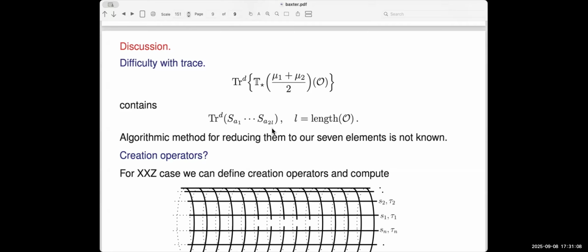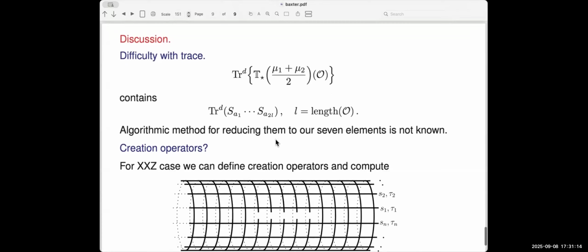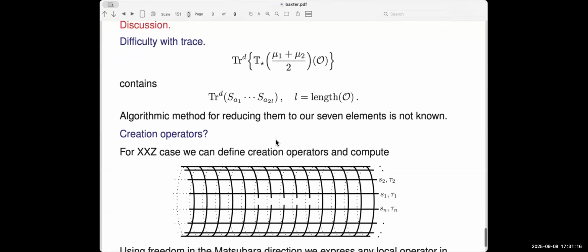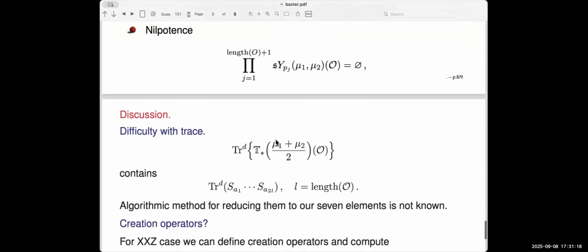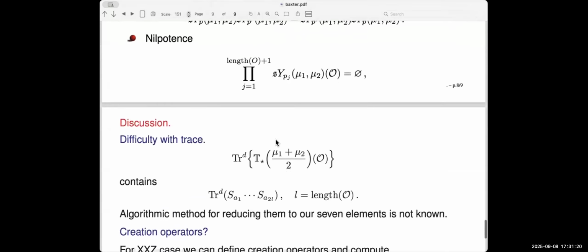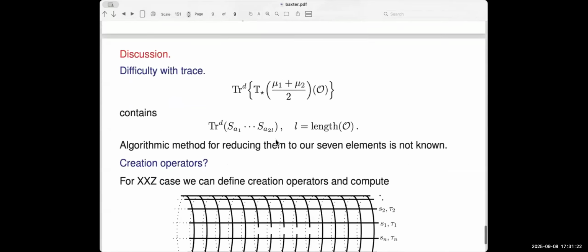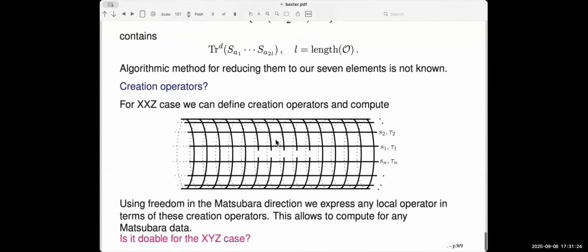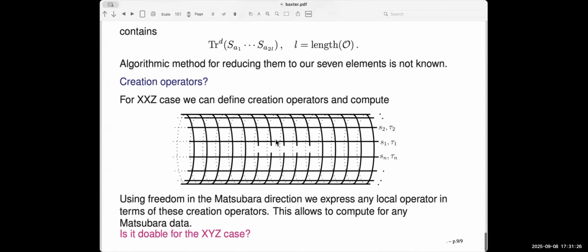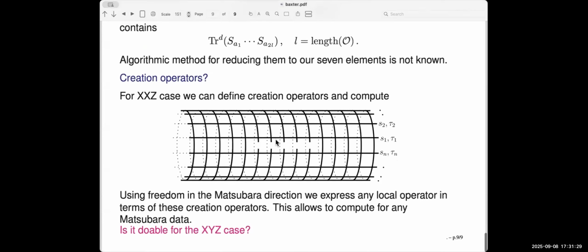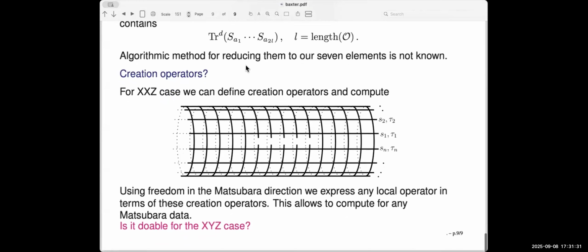But in general the procedure for this reduction is unknown, and this is one of those things which make me rather unhappy and prevent me from sleeping from time to time in the night.